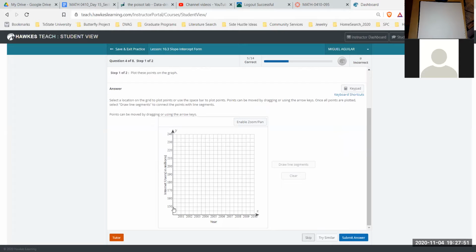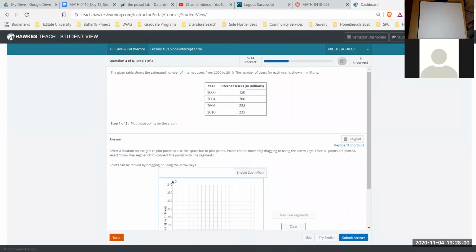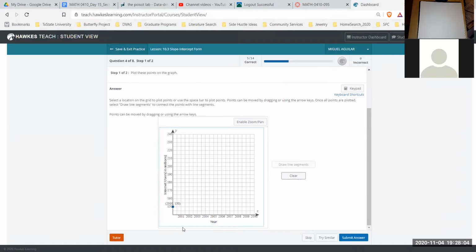So I'm going to put a dot right here at 2000 and 150 million. And it says to plot all of them. So I'm going to go to 2004 and put 200. I'm going to go over to 2004, then go up to 200, and I passed it, and put a dot right there. 2004 and 200.